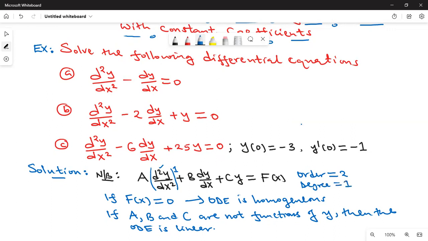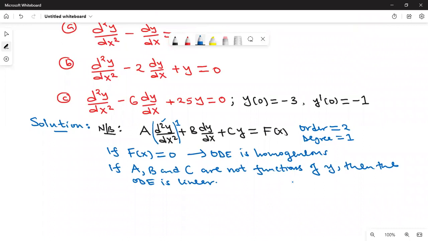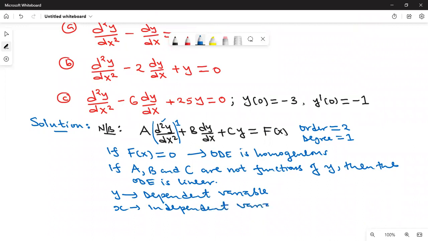Now, there's also what you call the dependent variable. In this case, y is the dependent variable, while x is the independent variable. So also take note that y is called the dependent variable, and x is called the independent variable.